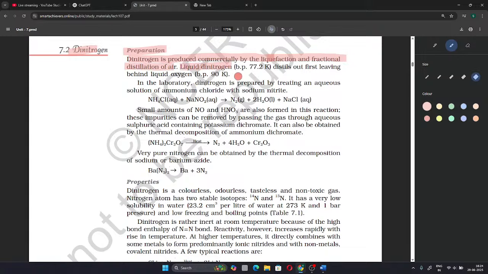Liquid nitrogen, boiling point 77 Kelvin, distills out first, leaving behind liquid oxygen, which is 90 Kelvin.